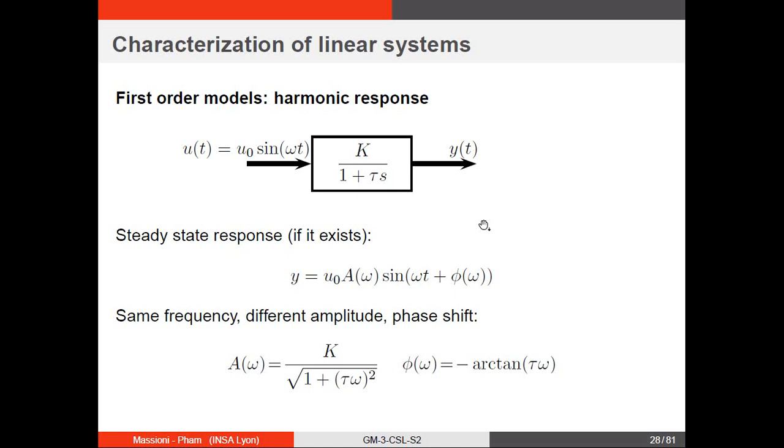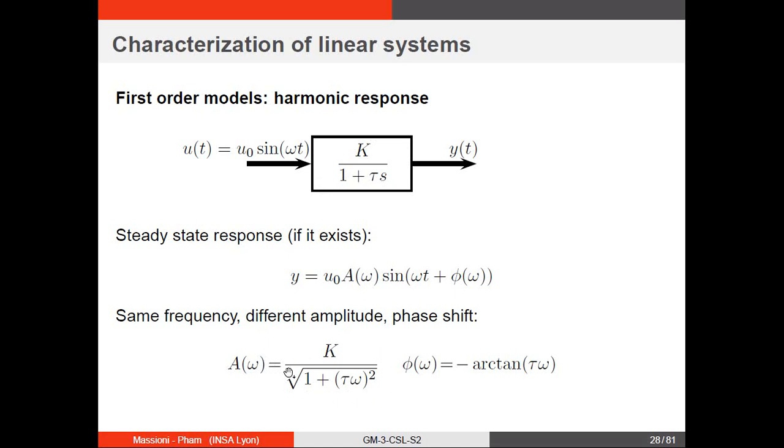But if this solution exists, you just need to know that the output will be a sinusoid with the same angular frequency, shifted by a certain phase, which is the argument of this one for s equal j omega, and with a certain gain in the amplitude, which is the modulus of this one.